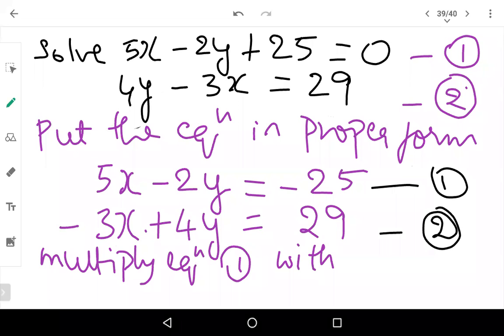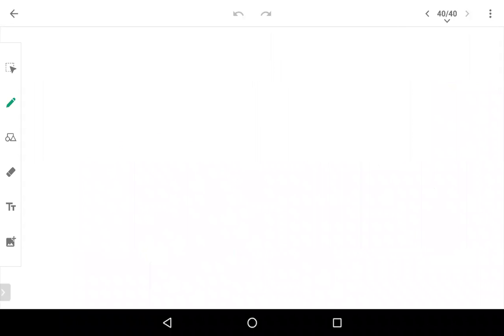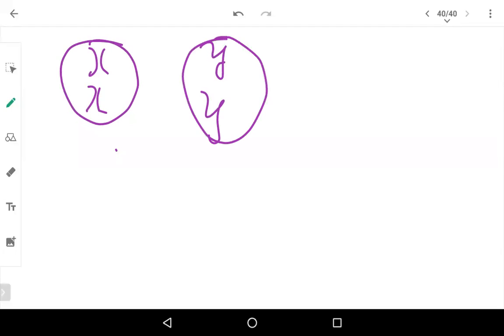But then the whole equation will change. If we multiply with minus 3, this will become minus 15, but this will become plus, this will also become plus. So there are two possibilities in this. We can go with minus 3, but either I can change x, or I can also go with y.